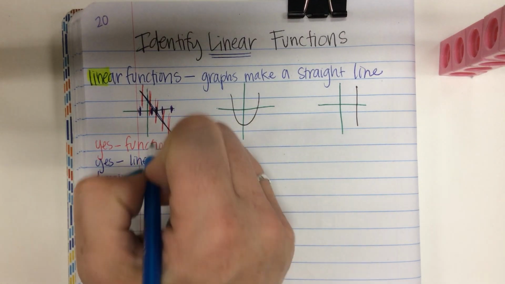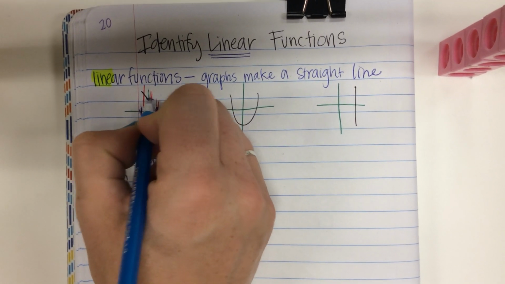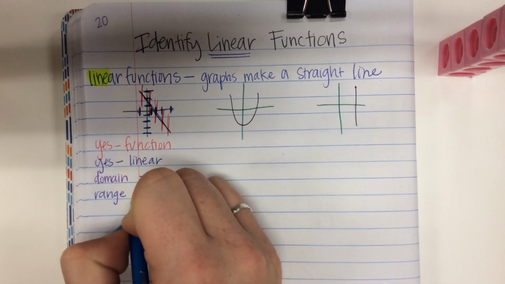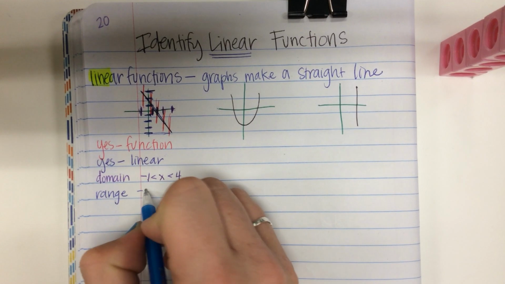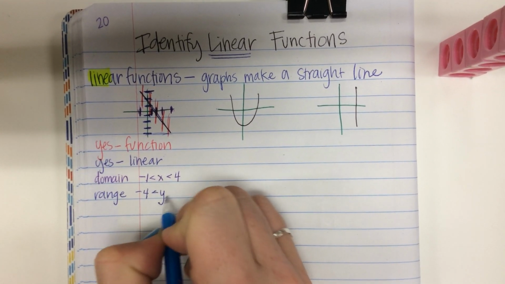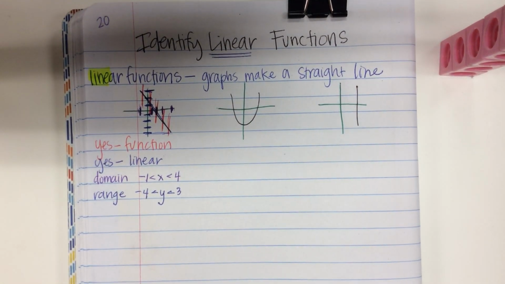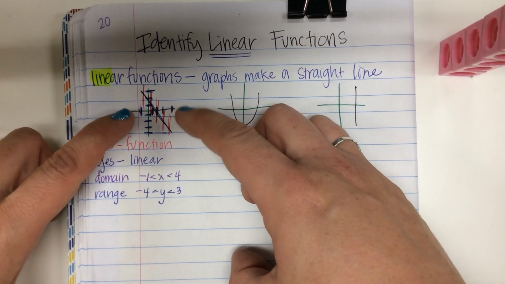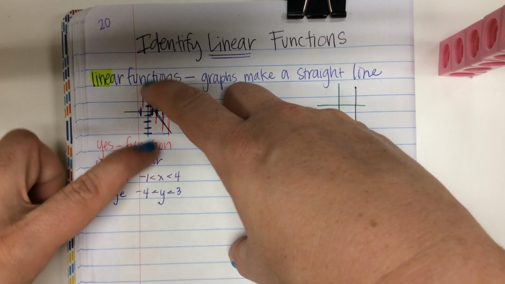And I could do the range: 1, 2, 3, 4, -4 is the bottom. And 1, 2, 3, +3 is the top. So yes, it's a function. Yes, it's linear. Here's the domain and here's the range.